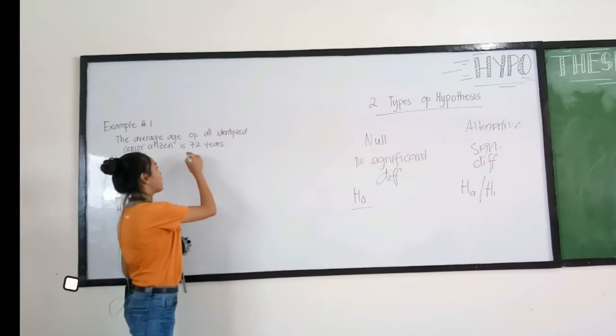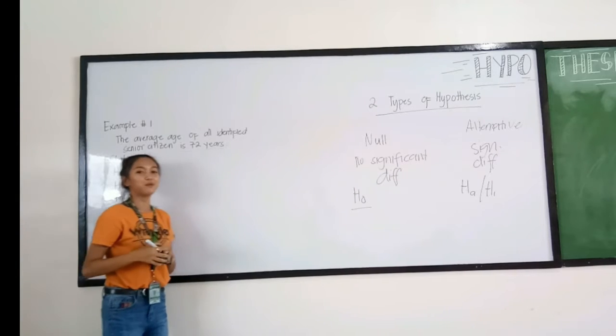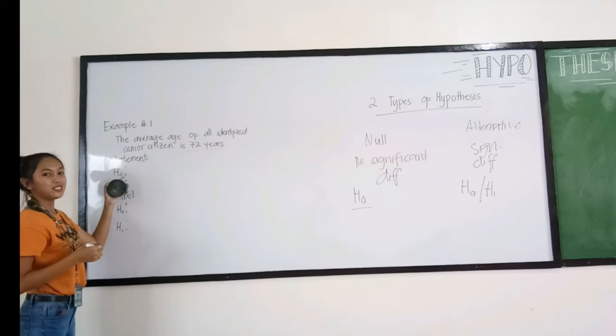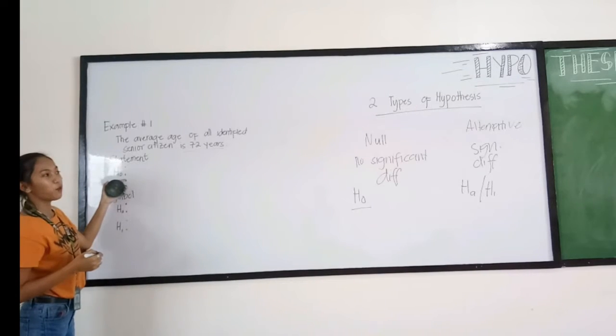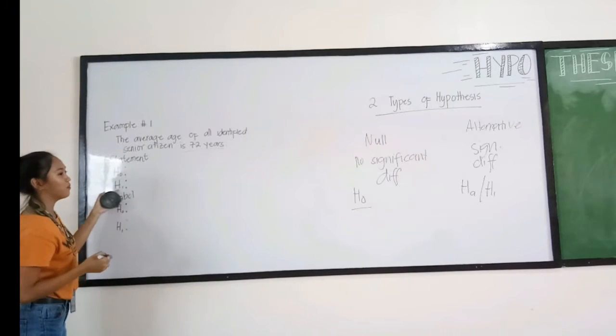Always notice that our claim is 72 years. So let's formulate in statement form. H sub 0 stands for null hypothesis and H sub 1 stands for alternative.